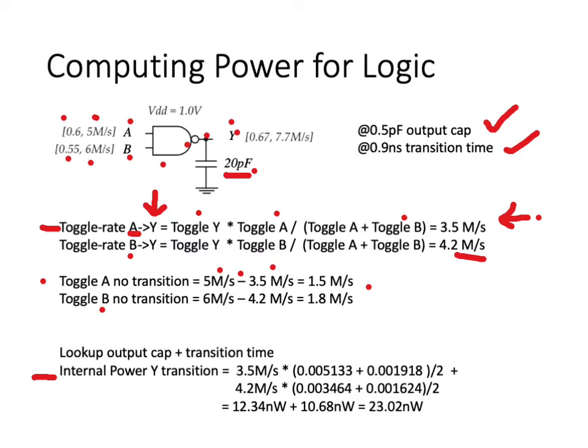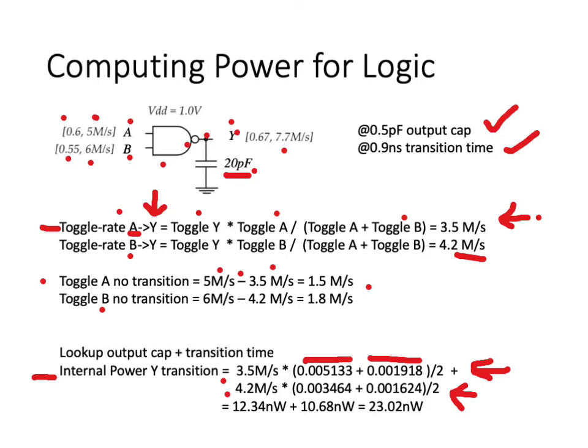This is given by the amount of energy consumed by toggles in the output Y that arise from toggling the input A, that is in this line, and the amount of energy consumed by toggles in the output Y that arise from toggling the input B. This is the energy associated with a rise transition in A, and the energy associated with a fall transition in A.